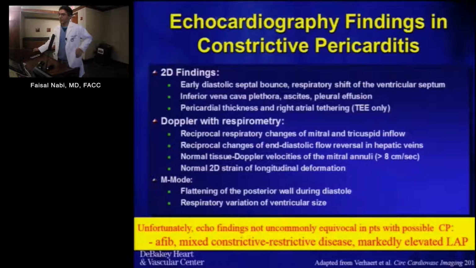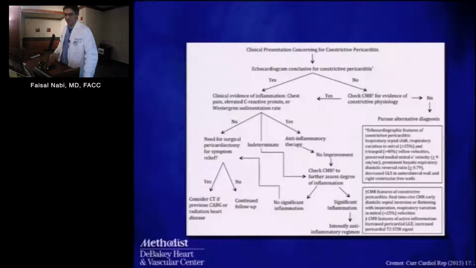Some conditions where it can get tricky are atrial fibrillation, mixed connective tissue and restrictive heart disease, or in patients who may have markedly elevated LA pressures, where you lose the respiratory variation changes. So how can advanced imaging help us? Again, really the workhorse for this is going to be cardiac MRI. Cardiac CT has a role, and we'll elucidate that in the upcoming slides.